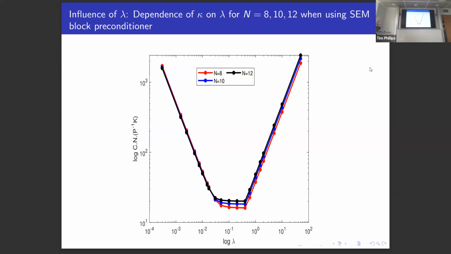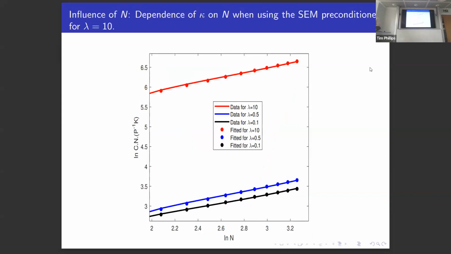On this graph, we see 3 different values of n, 8, 10, and 12, and the variation of the condition number of this preconditioned system as a function of lambda. The interesting thing from my point of view is that there is a sort of plateau region in terms of values of lambda, which give an almost constant value of the condition number. And so this represents a location, perhaps, of the value of lambda for which one can search for an optimal preconditioner of the block type.